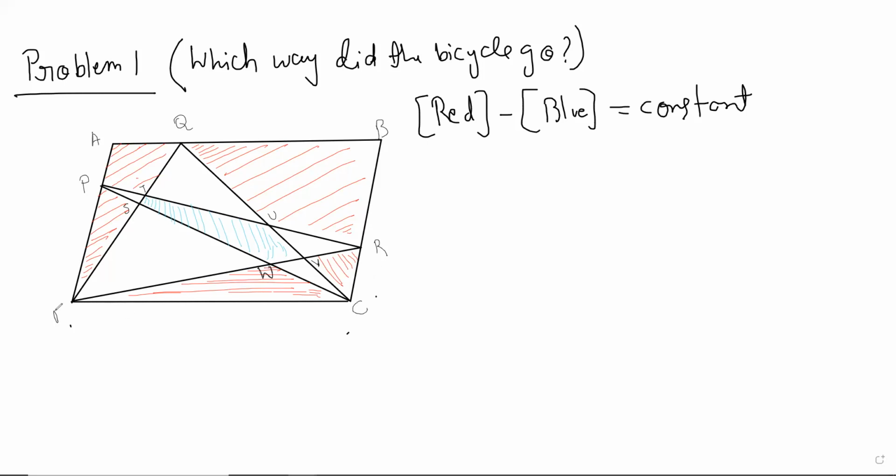Even though P, Q, R, S are not given, no ratios, nothing is given, even then the difference will be a constant. As the area of the red region increases, the area of the blue region also catches up. It's a bit like that.